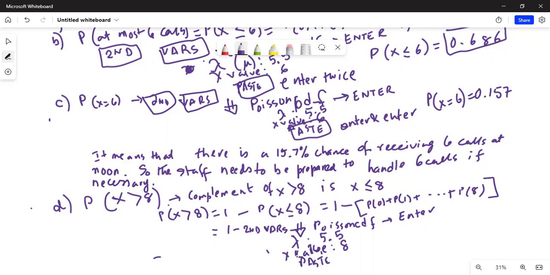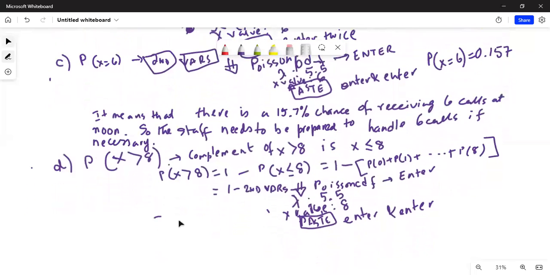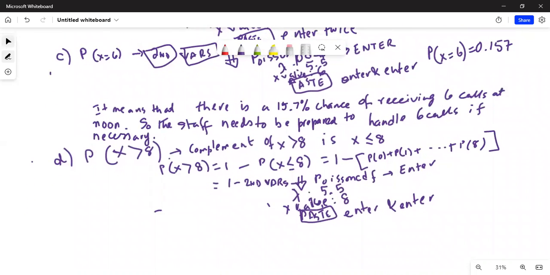And remember, whenever we are on paste, with the cursor there, we have to enter and enter, or enter twice. So this becomes equal to, then, P of x greater than 8 is equal to 1.